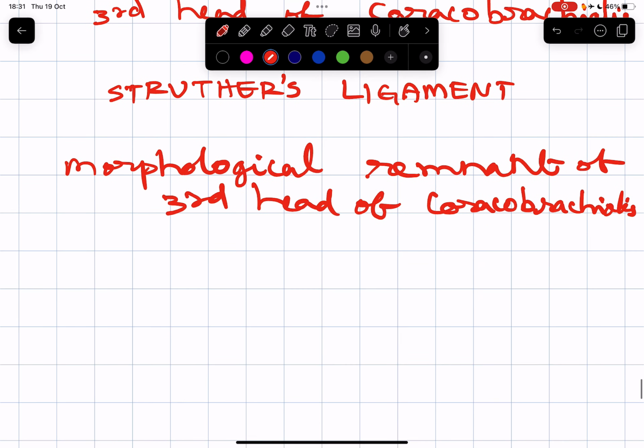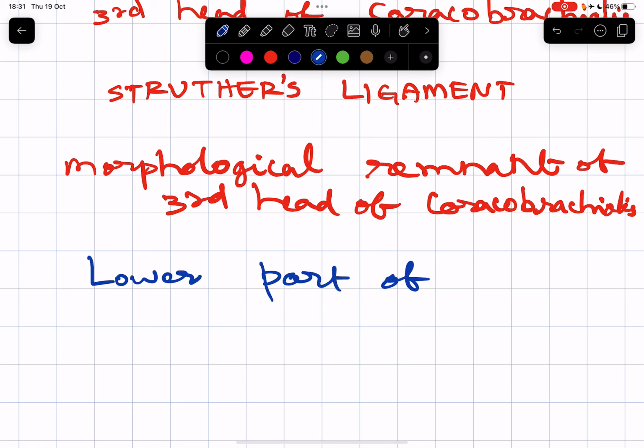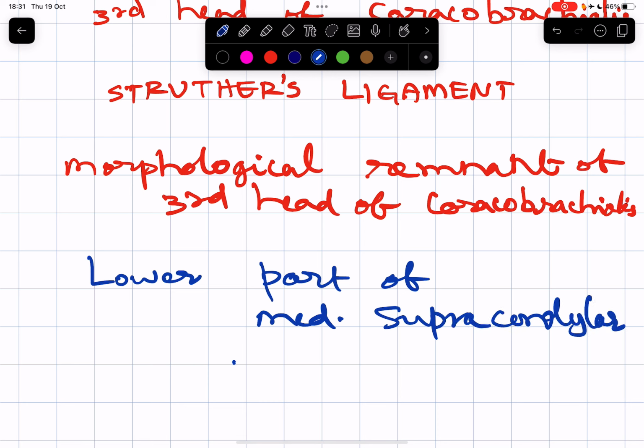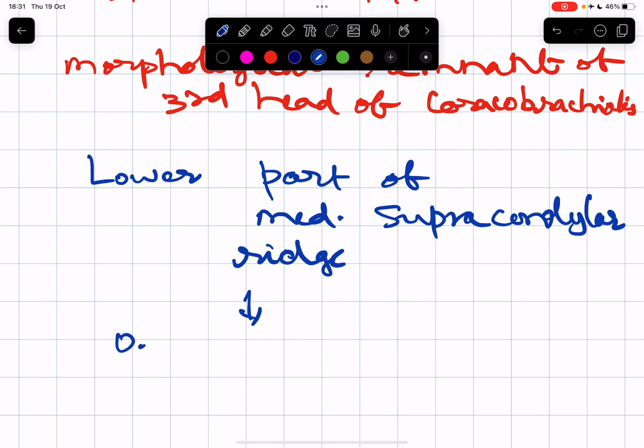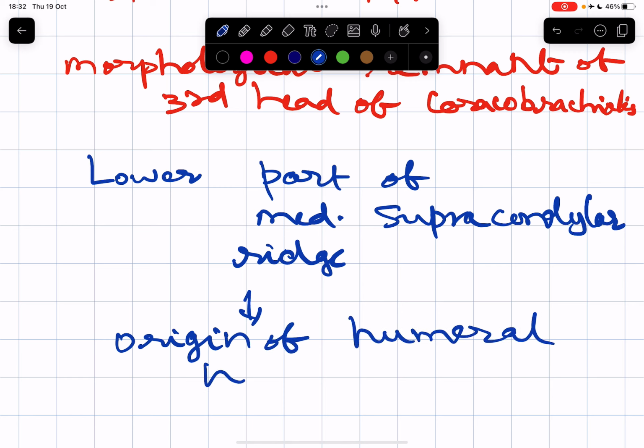From the lower part of the medial supracondylar ridge, we have the origin of the humeral head of the pronator teres muscle.